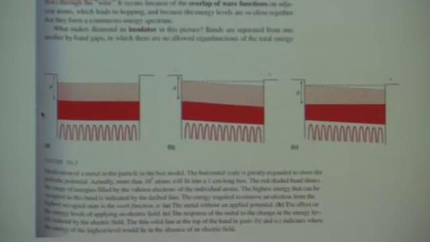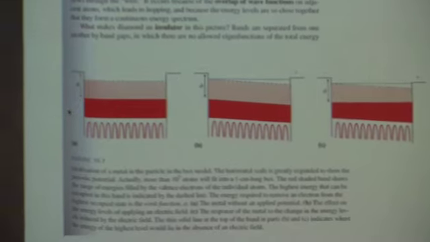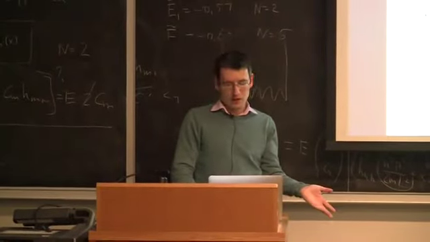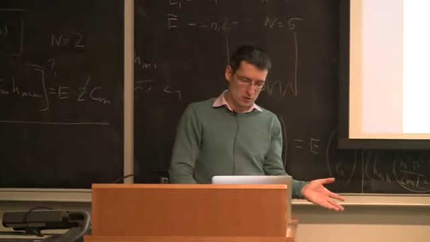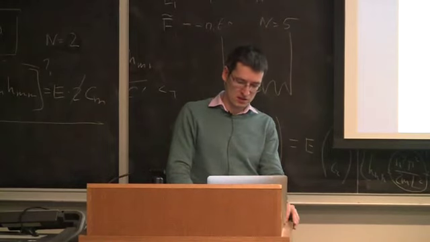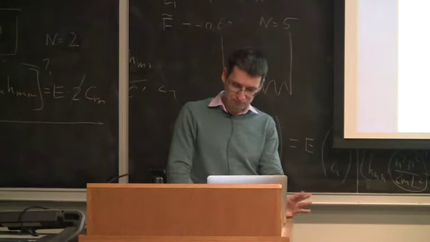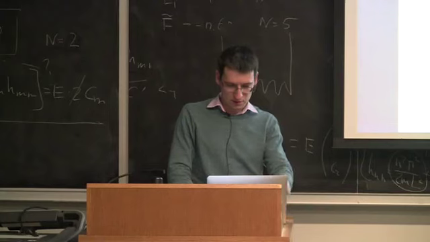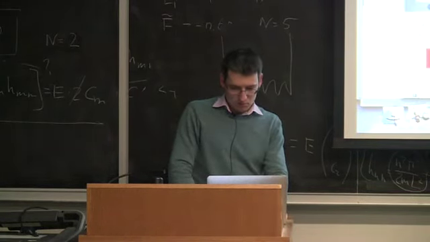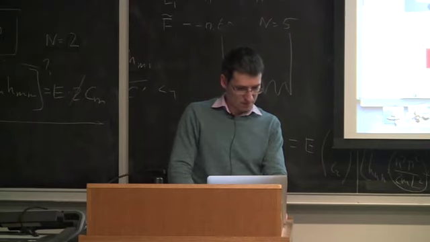Okay. All right, so this is just one of the examples, and also insulators. So how do we understand why insulators don't conduct? That's even less clear in this picture. Impossible to understand.